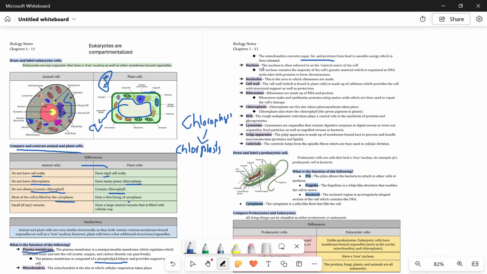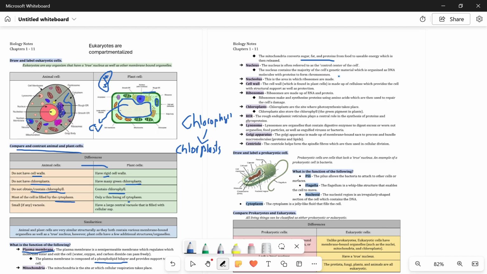Then there's the nucleus, which is the control center of the cell, the smartest organelle. Think about your friend who's the smartest, or you may be the smartest. Think of someone without whom the class cannot live. You're the control center of your class, the smart brain.